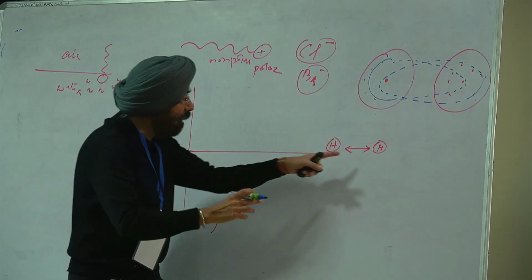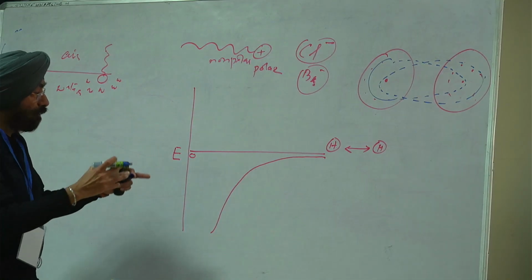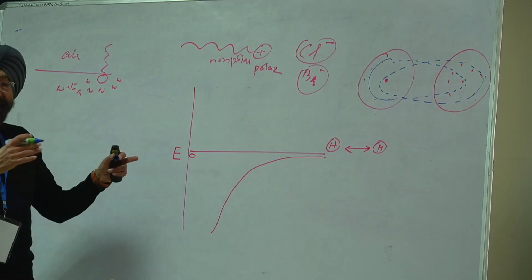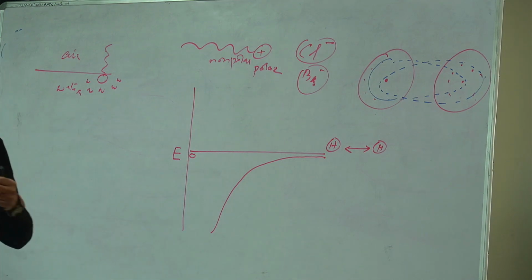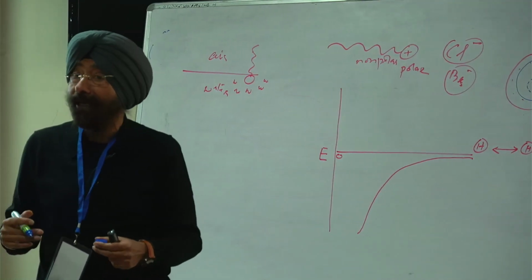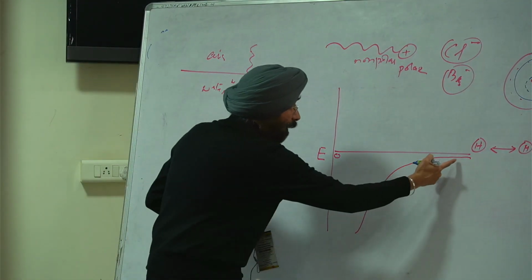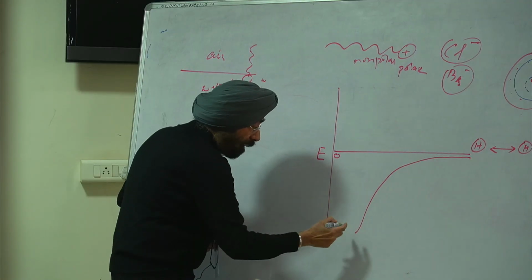That brings one hydrogen atom closer to another one, and hence their energy stabilizes because potential energy attraction sets in. Therefore the potential energy of the system falls, and that is why the potential energy keeps on decreasing.